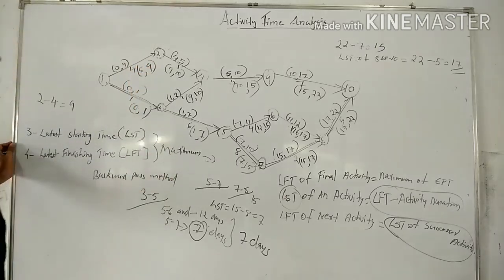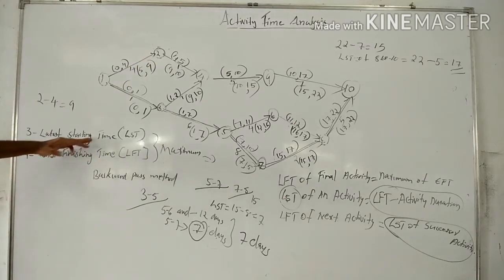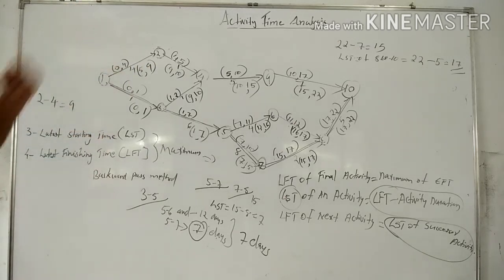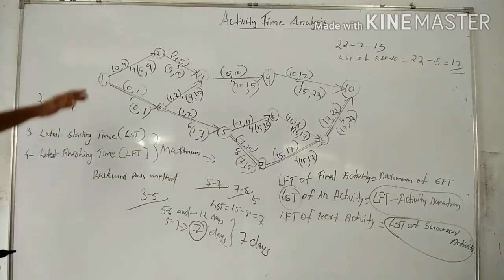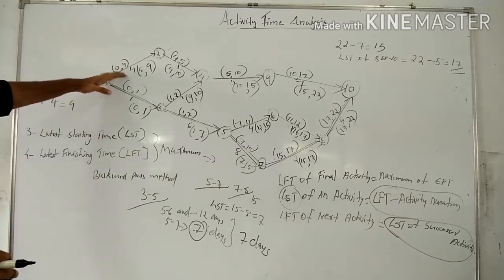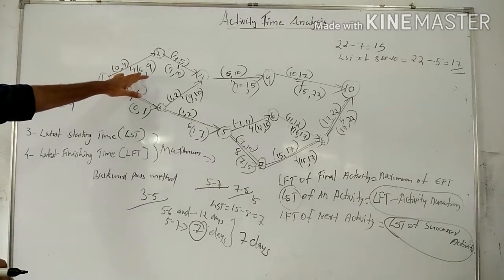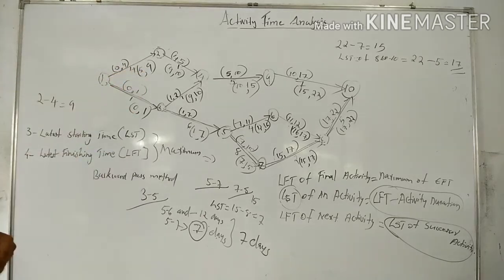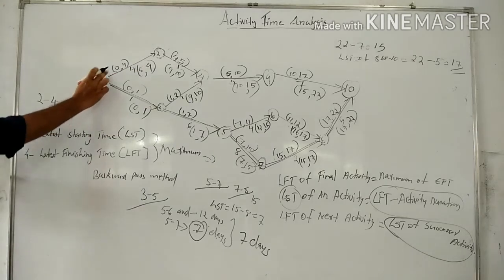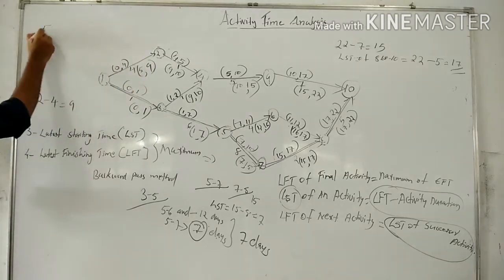So this is how we calculate the latest time or maximum time, latest starting and latest finishing time in a network diagram. See here, both LST and LFT are indicated below the arrow mark, but EST and EFT are above the arrow mark.